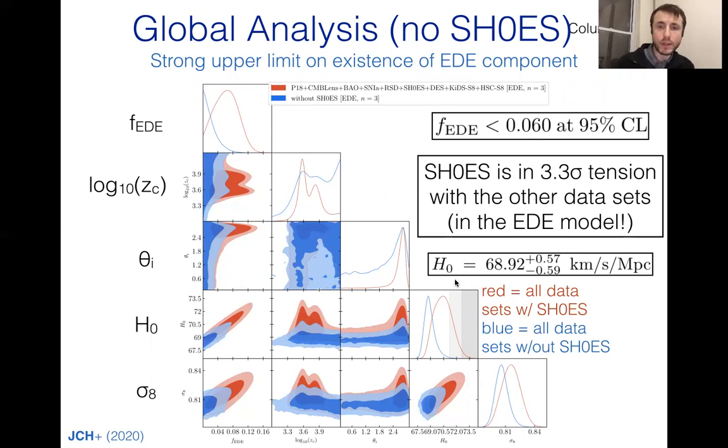And if you look at H0, you see this blue curve compared to the gray, there's almost 3.5 sigma tension between the indirect cosmological model inference of H0 and the direct H0, even in this broadened EDE parameter space. So I would say at that level, it's risky to even combine the direct SH0ES measurement, but if you do, you get the red posteriors that I'm showing here.